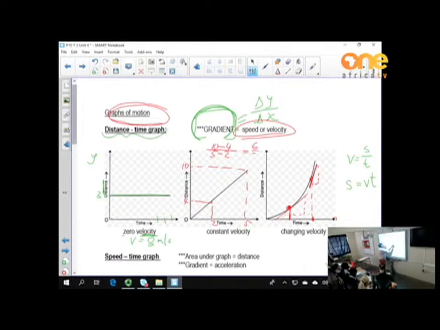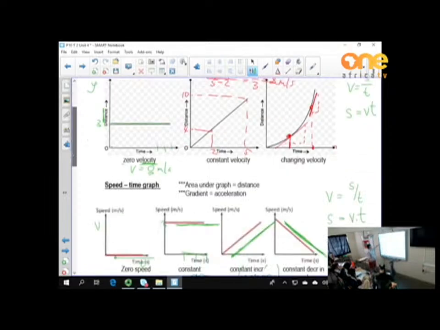So it is 6 over 3. It is going to be 3 meters per second. All right? In x. Okay. People, that is for the distance time graph. Yes. Is it 2? Oh, thank you. So this is going to be 2 meters per second. All right. Are you with me here?